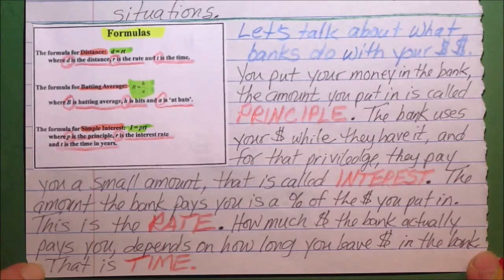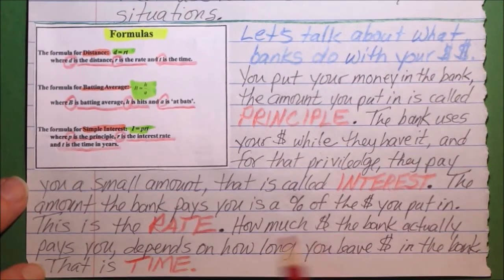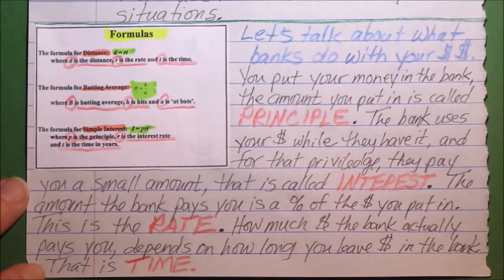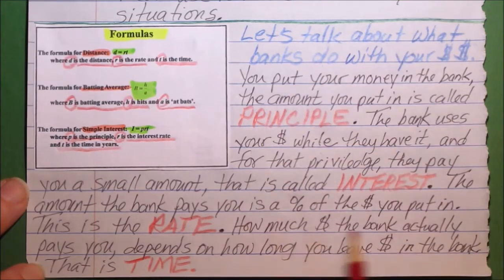That is called interest. The amount the bank pays you is a percentage of the money you put in. This is the rate. How much money the bank actually pays you depends on how long you have the money in the bank. That is time. All right, so that's how the I equals PRT of the simple interest formula works in this banking system.